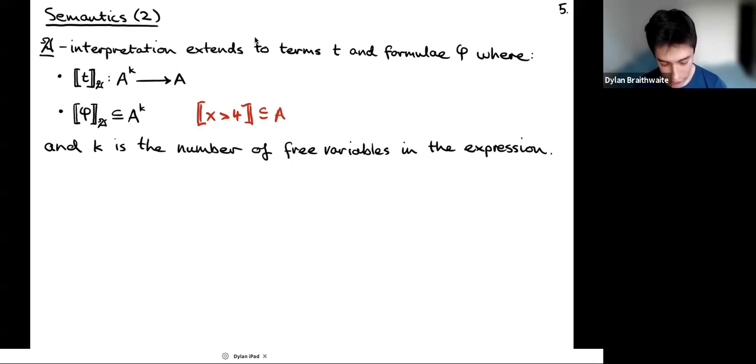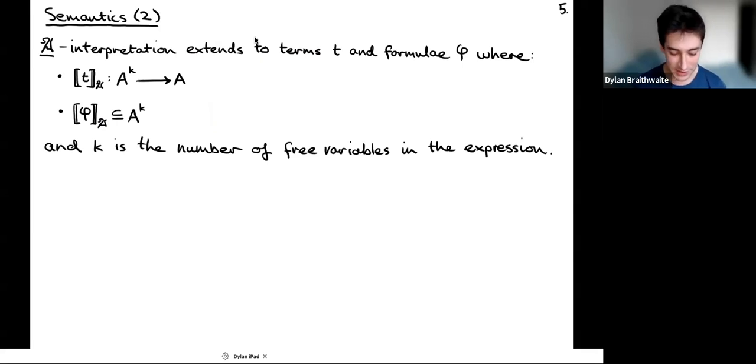In the case where k is 0, then this is going to be a subset of A to the 0, which is either a one element set or the empty set. So we can think of this as just being a set of truth values, since it can be one of two possible things, which is equivalently a truth value.